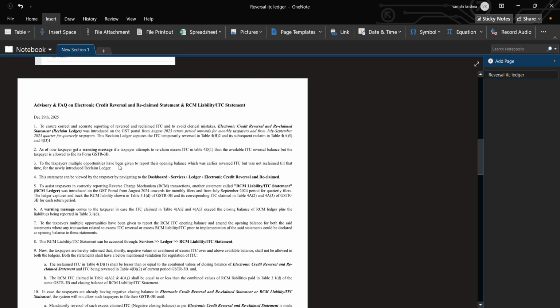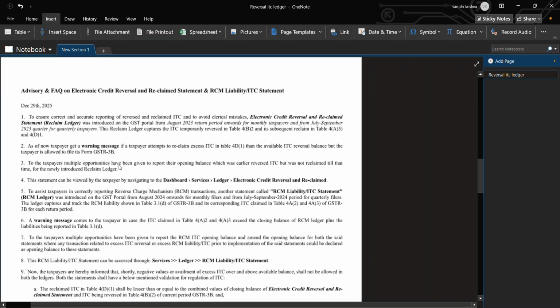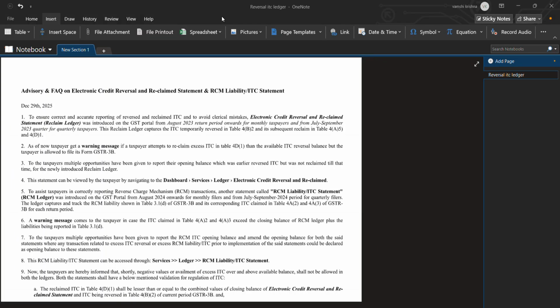So it is to ensure that exact reversal is reclaimed, not excess. And if we claim excess, it will give us a warning message. Earlier they gave us multiple opportunities to show the earlier reversed amount in case we are going to reclaim it in future. The government has already given the opportunity.